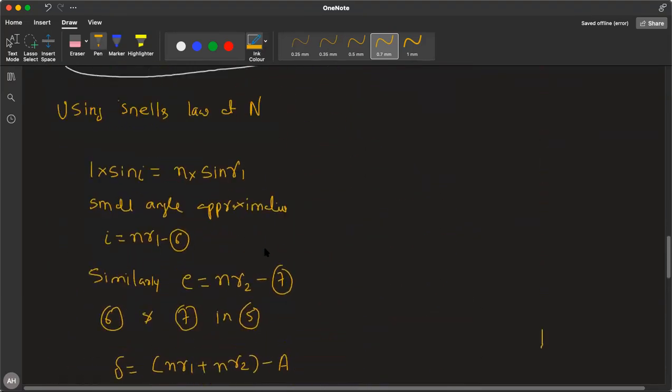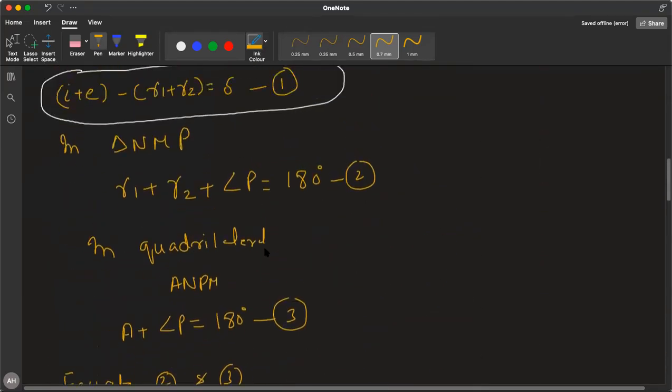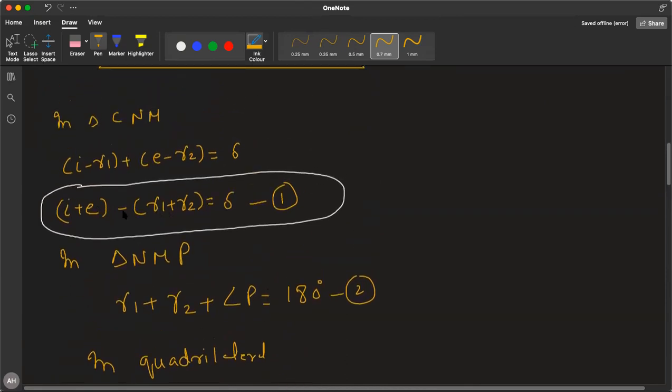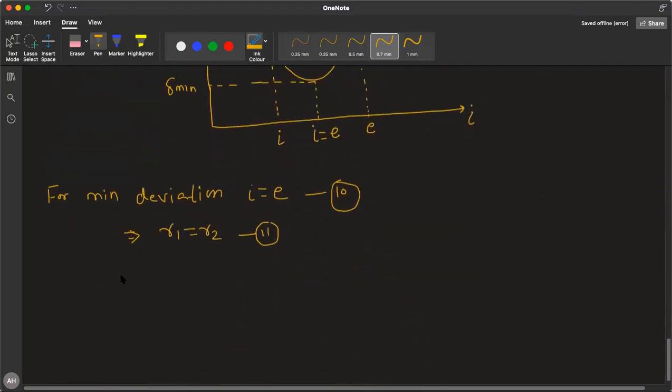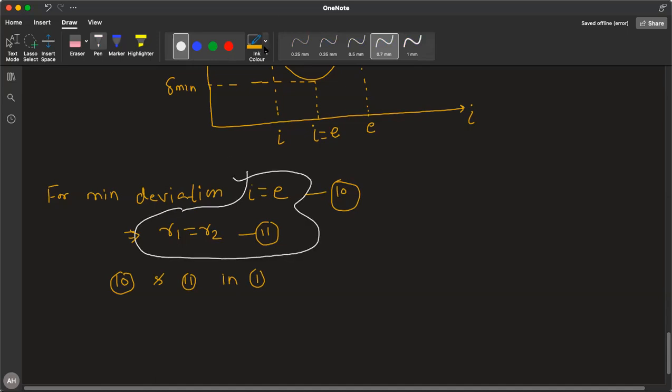Now, put these values in equation number 1 and you will get an equation for delta. So I'm substituting 10 and 11 in equation number 1. These two conditions are valid only for the case of minimum deviation. Otherwise, you can't use these two conditions.